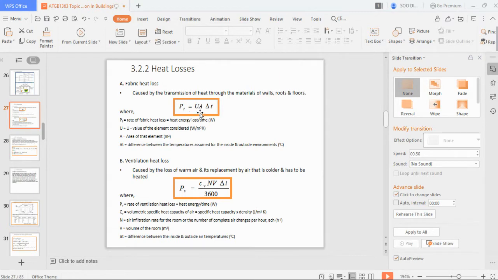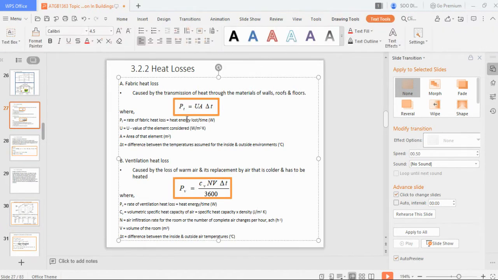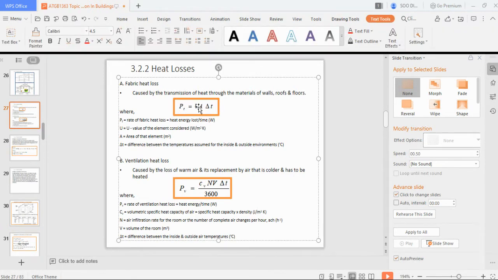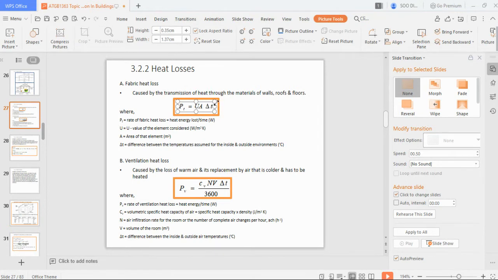Okay, so there are two ways in which heat can be lost. One is fabric heat loss, and the other is ventilation heat loss. The rate of fabric heat loss, represented here, equals the U value times the area multiplied by the temperature difference. When you look at this triangle T, it is always the difference in temperature.